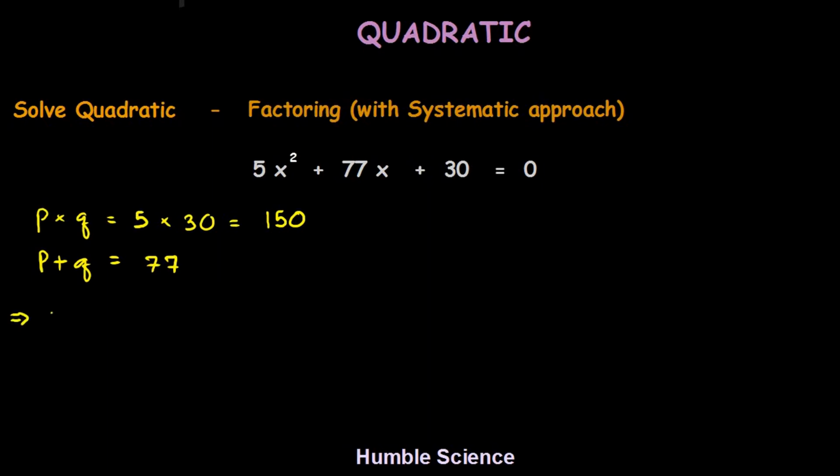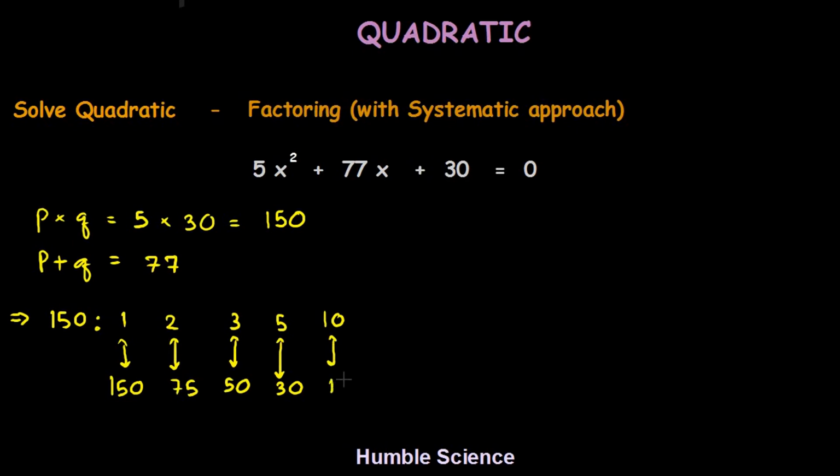So let's say 150, and it can come from 1 times 150, or 2 times 75, or 3 times 50, or 5 times 30, or 10 times 15.